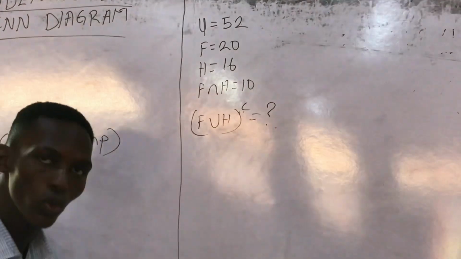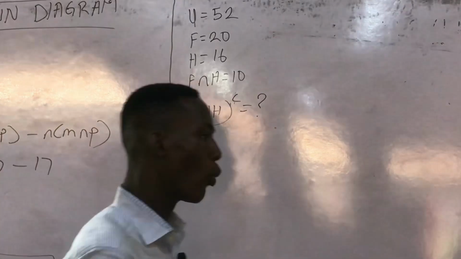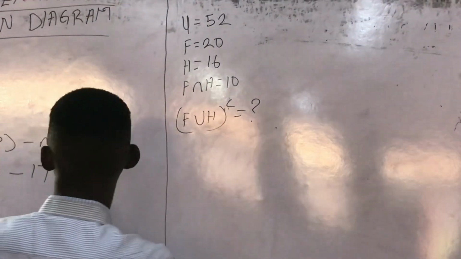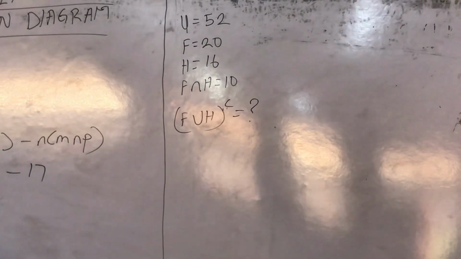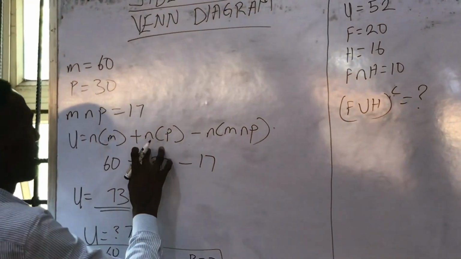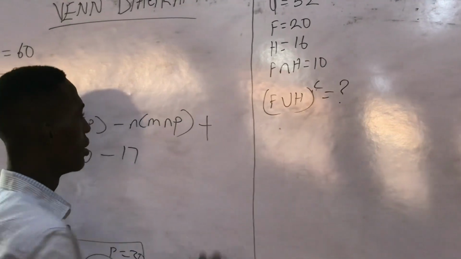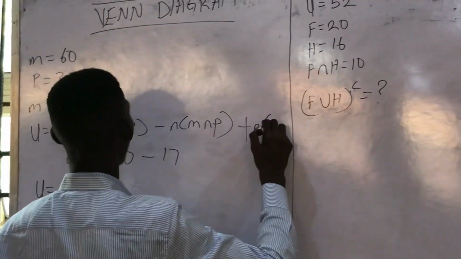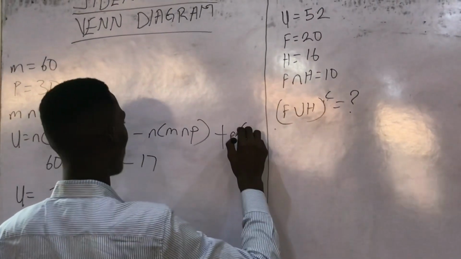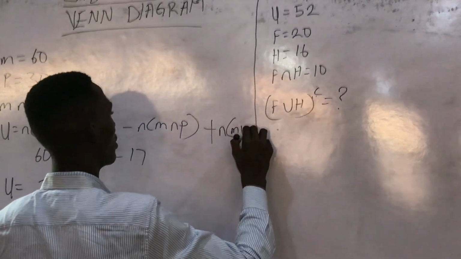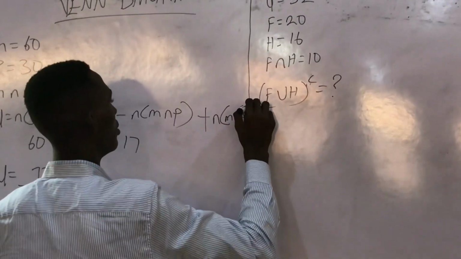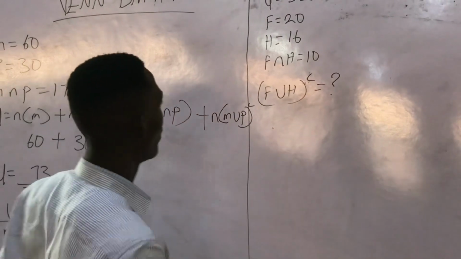Now if you are to solve this with or without a Venn diagram, from our previous question, this is our standard formula, but if we are to add neither nor, then it will be plus n of M union P prime. So let us solve this.